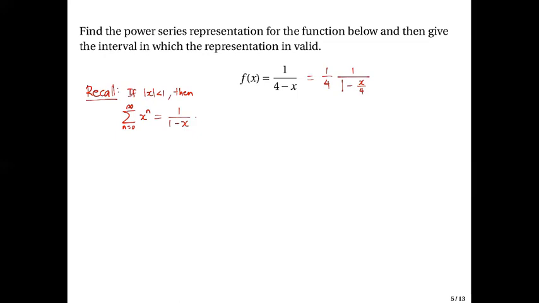And therefore, if the absolute value of x over 4 is less than 1, then we can use this representation to get 1 over 4 minus x equals 1/4 sum from n equals 0 to plus infinity of x over 4 raised to n.